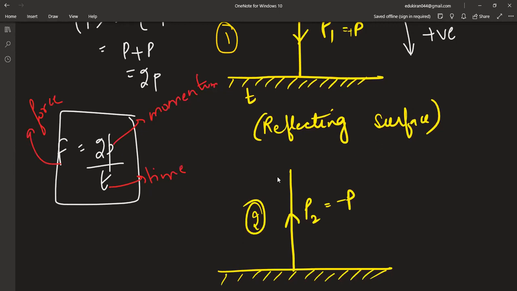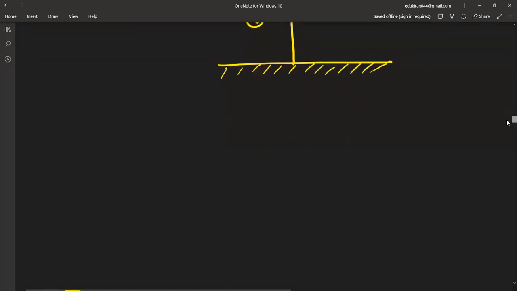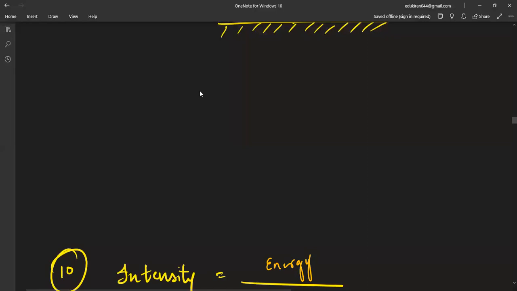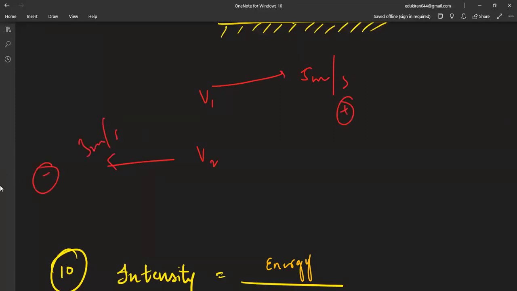This is similar to the velocity sign convention we were choosing in relative velocity in 1D. Suppose this is propagating in this direction, let's say 5 meter per second. So if V2 is there, this value is 3 meter per second. If I'm choosing this as positive, this has to be negative.